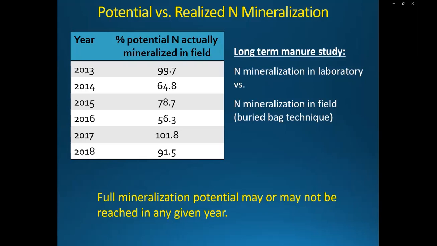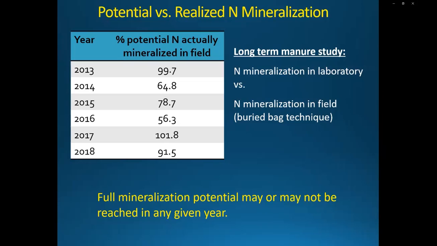In 3 years, we had pretty much the same amount of nitrogen mineralized in the field as we did in the incubation studies, so it pretty much met its maximum potential. But in the 3 other years, it was quite a bit lower. In 2016, it was even as low as 56%, so about half of what we saw in the field.